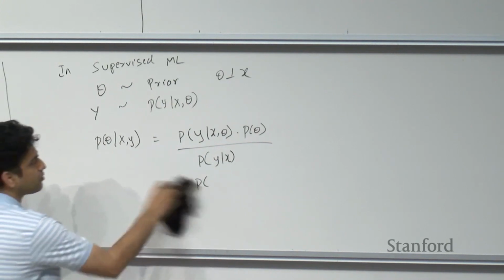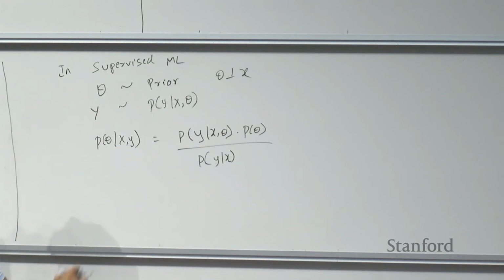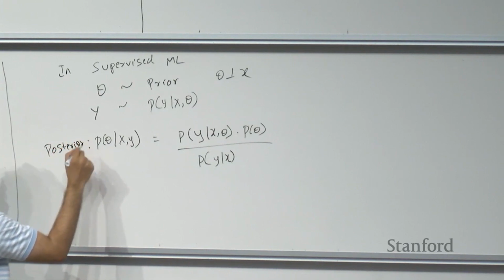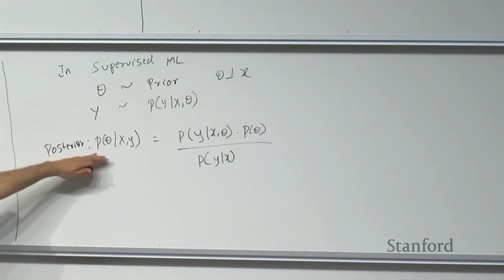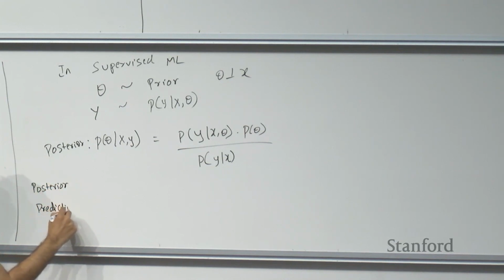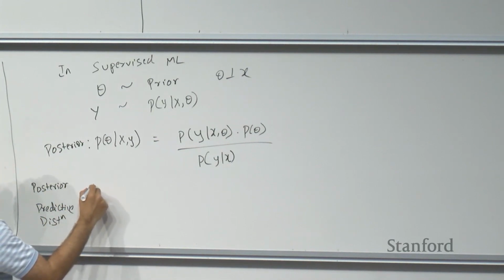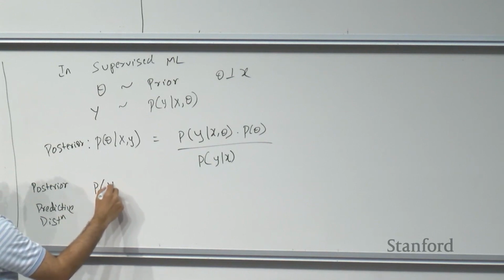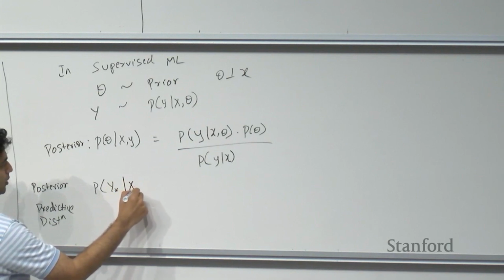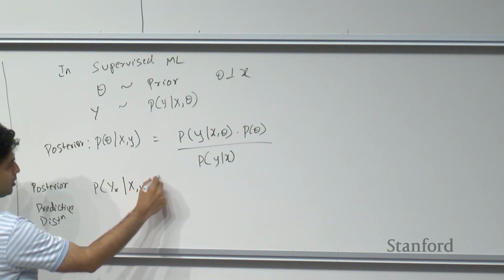Now, we calculate the posterior. The posterior is on theta, and from the posterior distribution we construct what is called the posterior predictive distribution. The posterior predictive distribution is basically P of y star given x, y, x star.